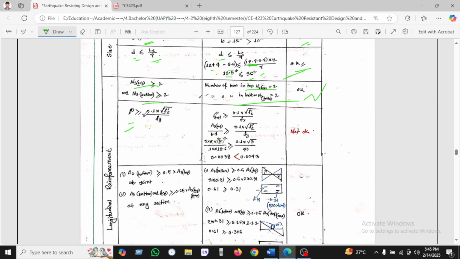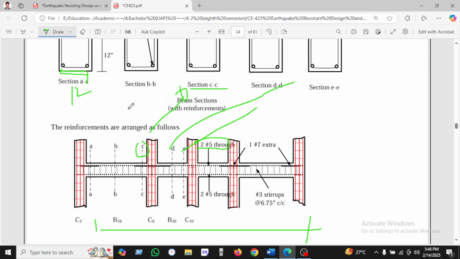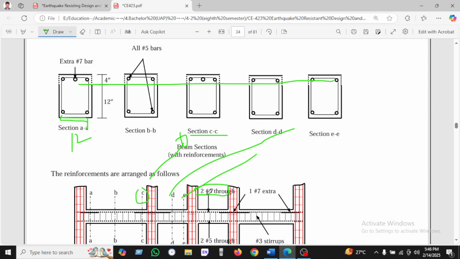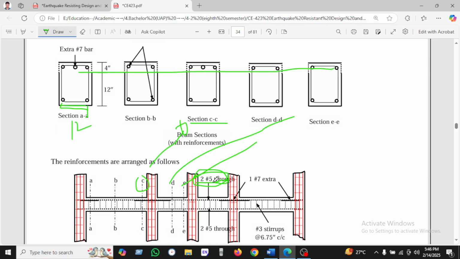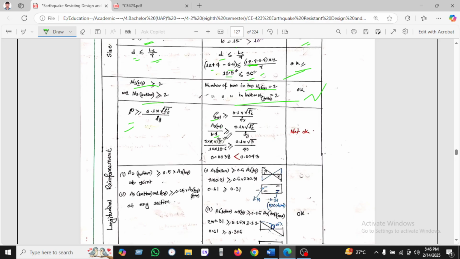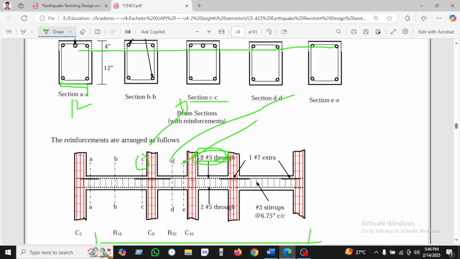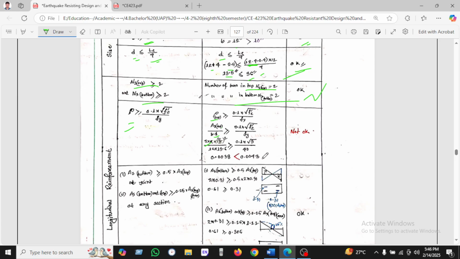So the rho value will be this. We have used the top rho of 0.1 root over F times Fy, and rho will be As top divided by BD. For the top we have used number 5 bars, so pi divided by 4 into 5 divided by 8 squared, into 2, because we have used 2 bars, and found 0.0038.